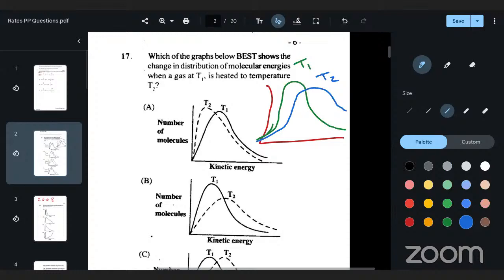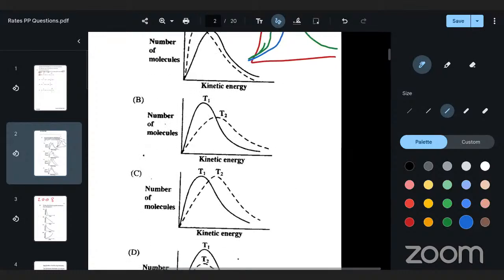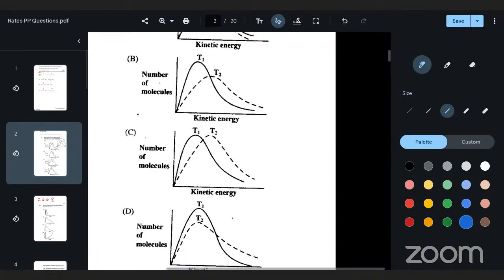So look at B, C, and D. Which one do you think the answer is? B, sir. B, right. It could not be C because notice the peak is at the same place, and we know that it's supposed to drop and move over.